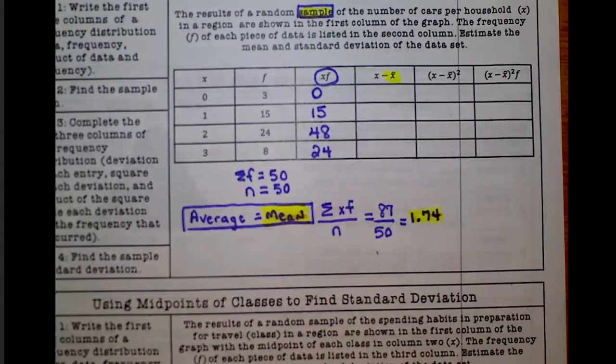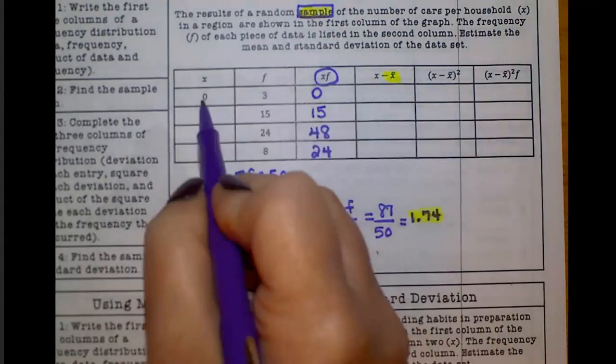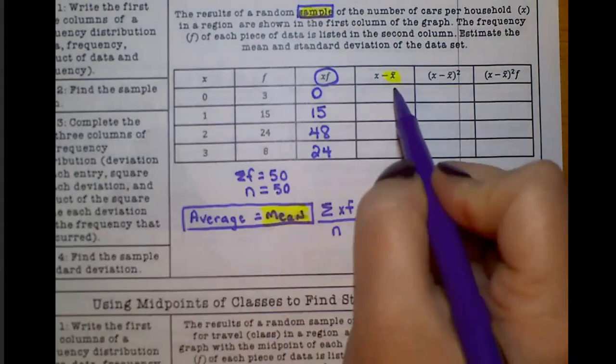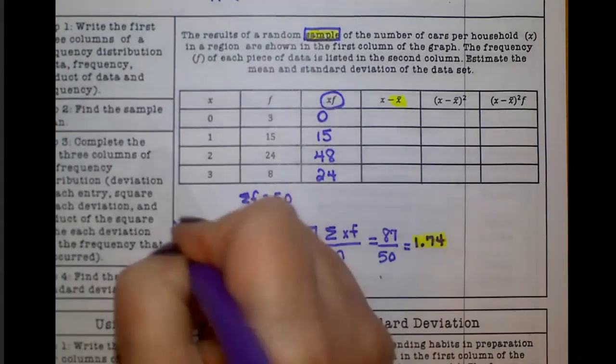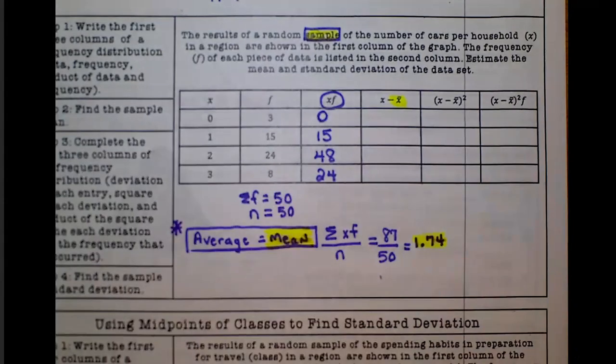So what I'm going to do with this is I'm going to take each x and I'm going to subtract the average. So you have to know how to do this first before you can actually do anything else with this equation. So that is why it's very, very important that you don't forget the formulas you learned the previous lecture.